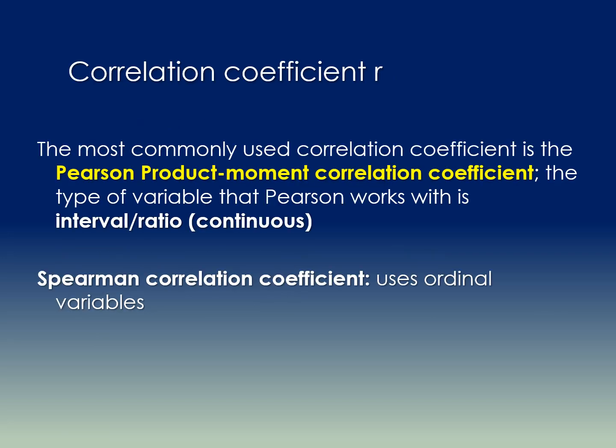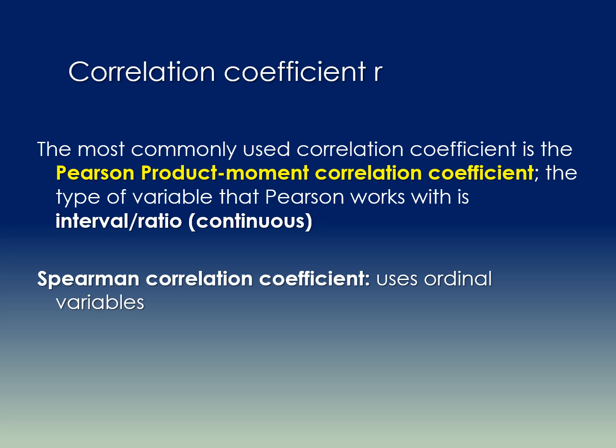While there are many different types of correlation coefficients, and you'll see some more at the end of this presentation, the most commonly used correlation coefficient is what we call the Pearson product moment correlation coefficient. That is definitely a mouthful. We often call it the Pearson correlation coefficient. Now, the type of variable that you have to use with the Pearson coefficient is a continuous variable.